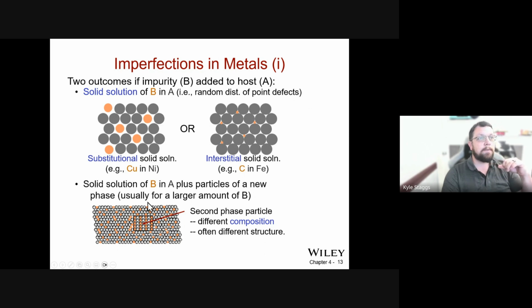Then you have, at a slightly larger scale, a secondary phase within this group that has a different composition from the bulk around it.